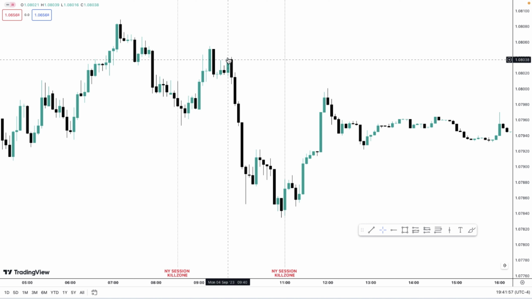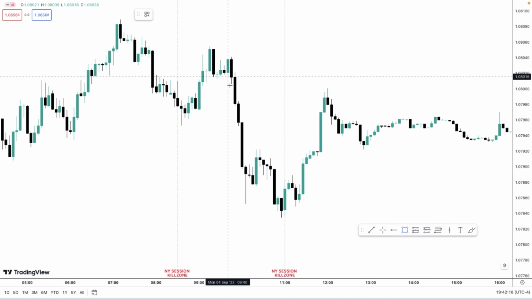That's because the market moves aggressively lower from 9:40. You can see this swing high being created here, with a lower high to the left and a lower high to the right. Then the market aggressively moves lower.